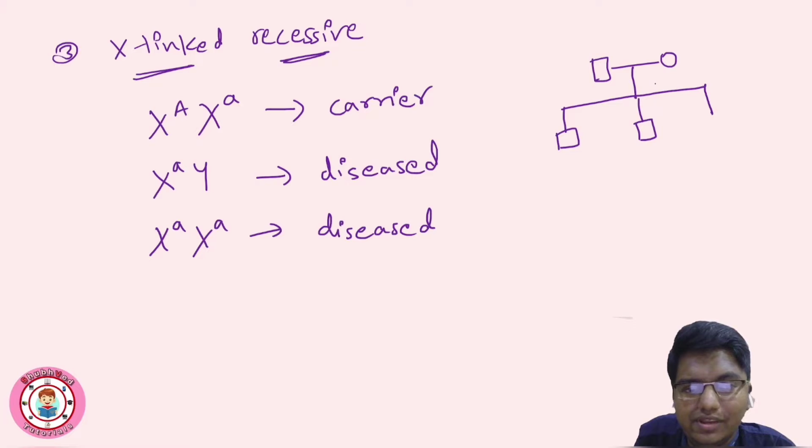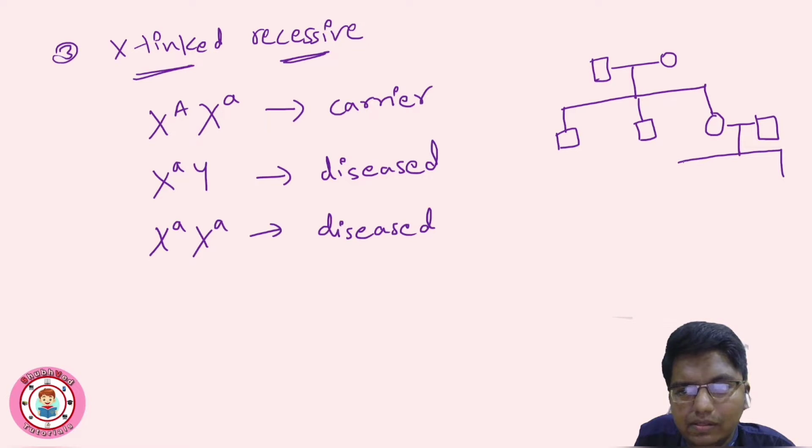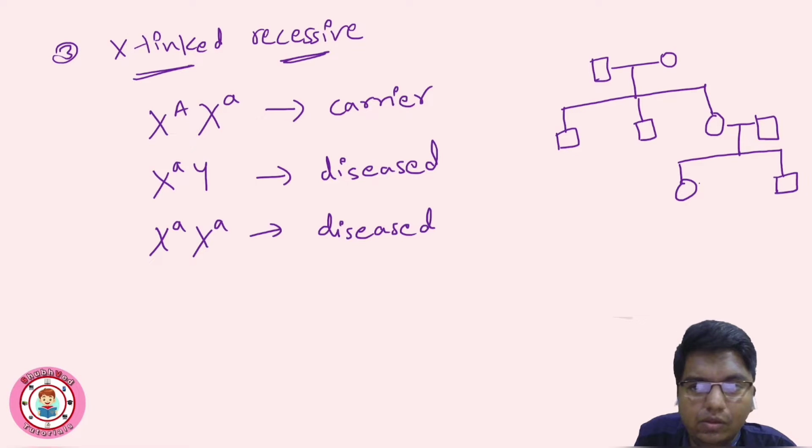I have shown 4 progeny till now. Here you will see 3 progenies. Okay, again we will see more generations here. Okay, so first of all we will see that this is affected. Okay, so see, this is the condition here.